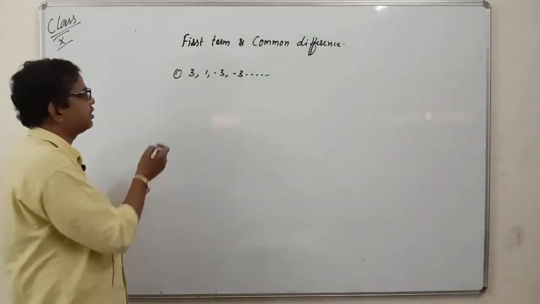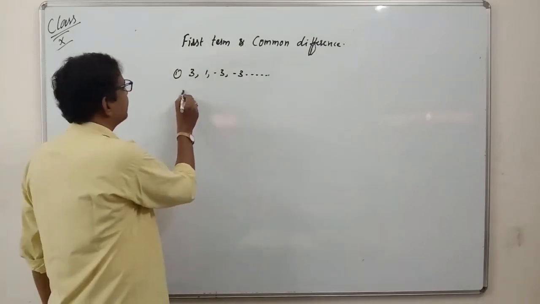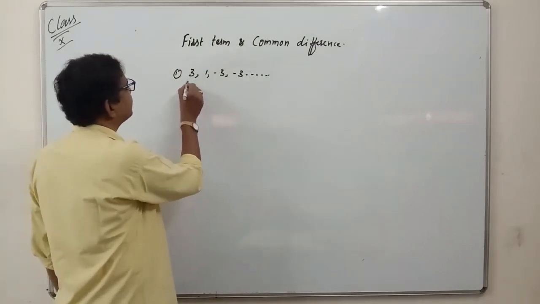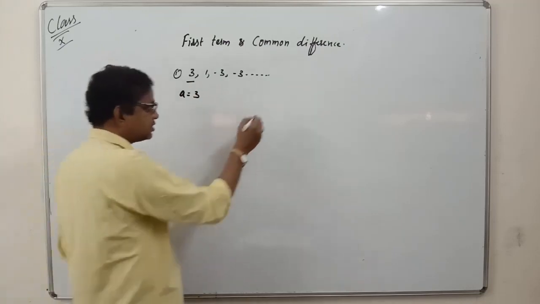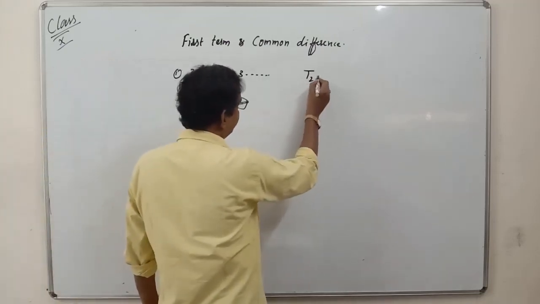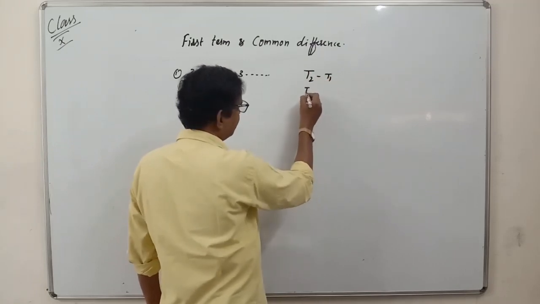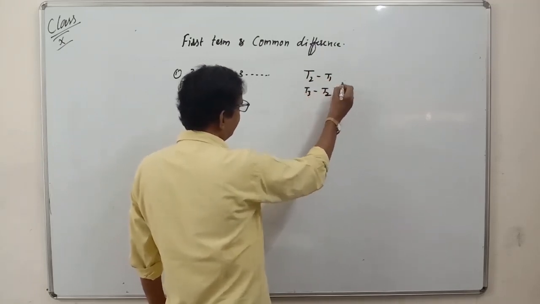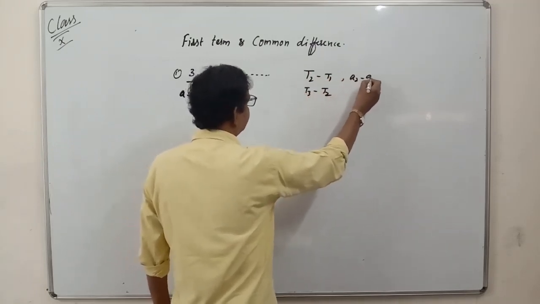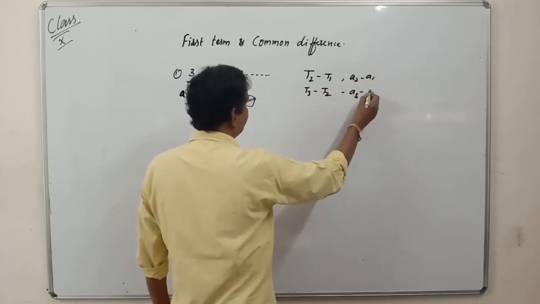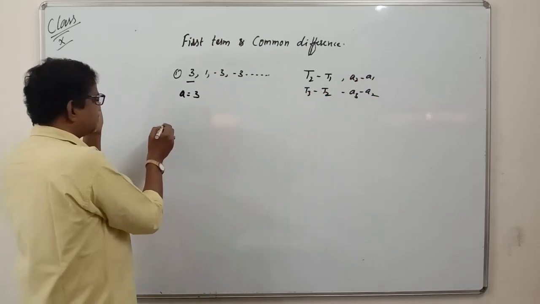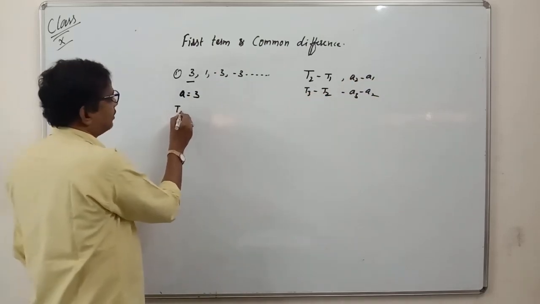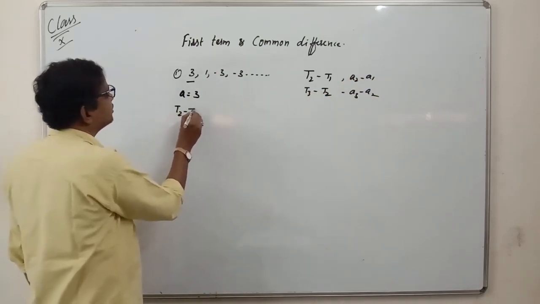I told you already, the first term will be A equals 3 only, because the first term is 3. For the common difference, I told you, if you are getting confused, go with T2 minus T1, T3 minus T2, or A2 minus A1, or A3 minus A2. Here, T2 minus T1.